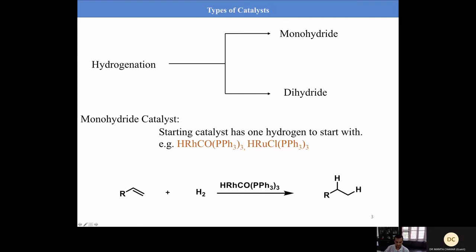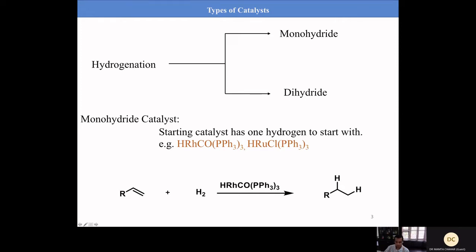This rhodium catalyst with hydride and carbon monoxide along with them. It could have triphenyl phosphine, 3 of them. Or it could be something like a ruthenium catalyst, where once again we can see one hydride and one chloride along with 3 triphenyl phosphine.